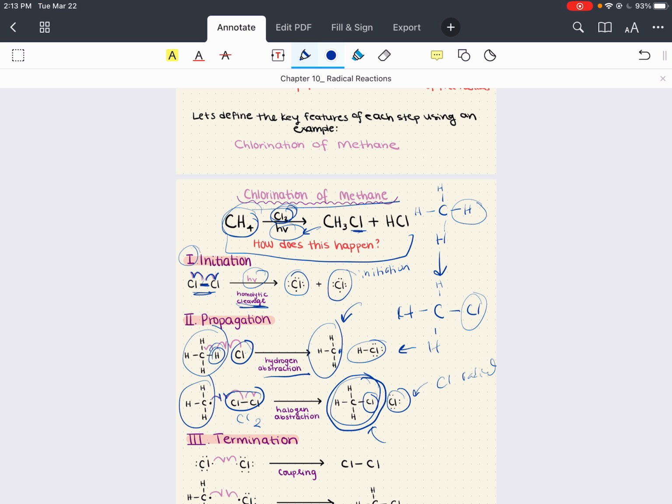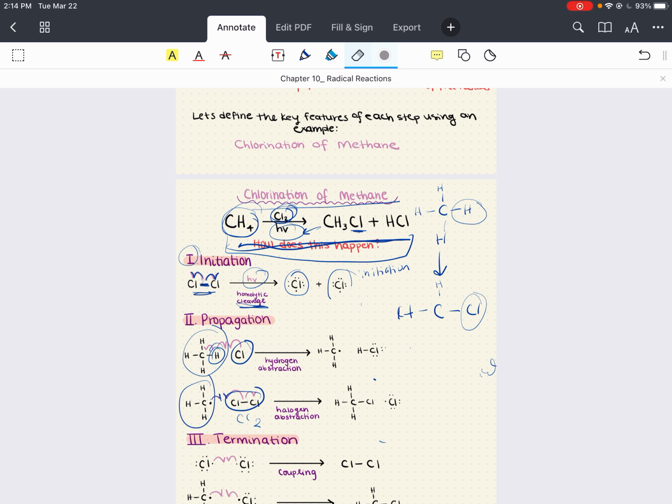Now, what were we saying about propagation? Propagation is responsible for the observed reaction, which means the sum of each step, when we have 2 here, gives the net reaction. So let's look at these 2 steps and see what our ultimate net reaction is.